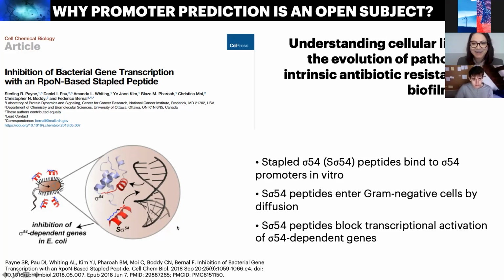bad behavior of bacteria. They put in a bacterium some false sigma 54. So inside the bacterium there were a lot of true and false sigma molecules, so the bacterium was not able to carry out all the pathogenic processes.